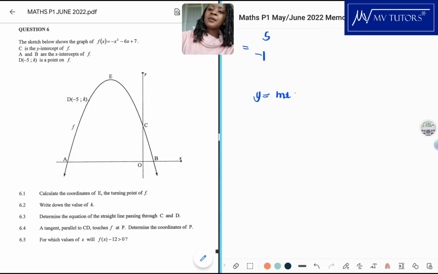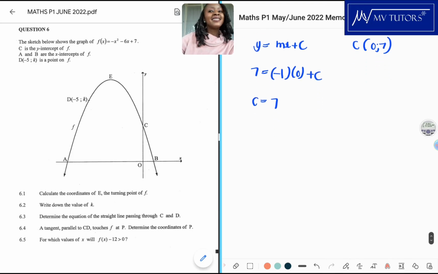Now we can substitute it here to get what the c value is. I'm going to use C as my point, which is 0 and 7. So I'm going to substitute 7 in there. The gradient is minus 1, x is 0, plus c. So c has to be equal to 7 because it passes there.